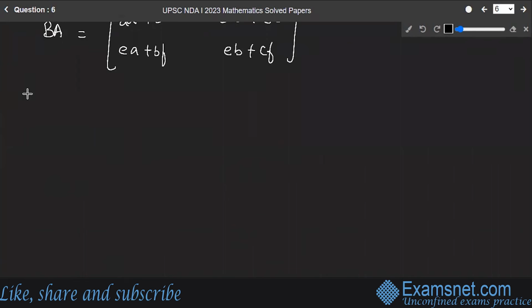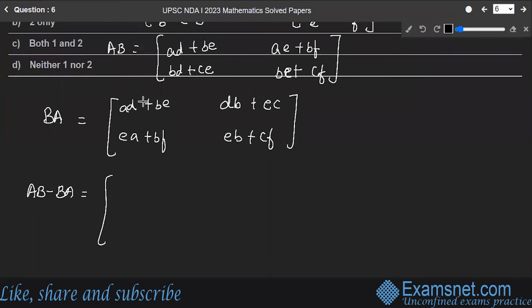Let's find AB minus BA. These two will be 0, right? And these two will also be 0.